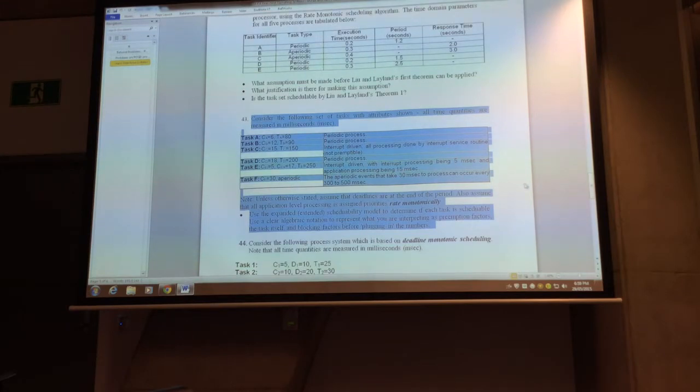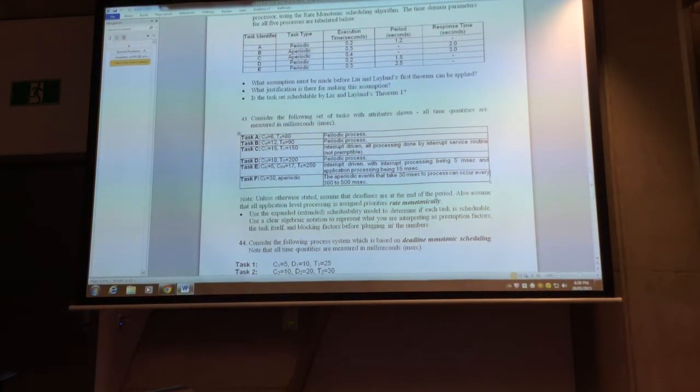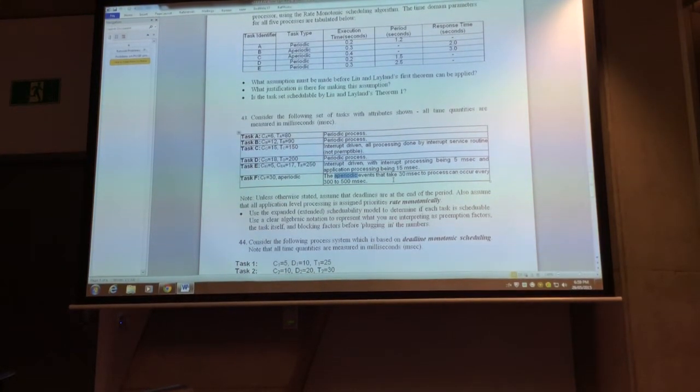We've got a bunch of tasks. One of them's periodic. The top priority one is periodic. Another one periodic. One that's interrupt driven. What's that telling us? Blocking factor. As soon as we see the word interrupt, we think blocking factor. Correct. Another periodic process. Another blocking factor, and an aperiodic task down the bottom here.